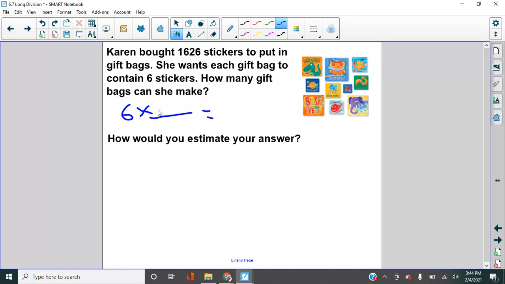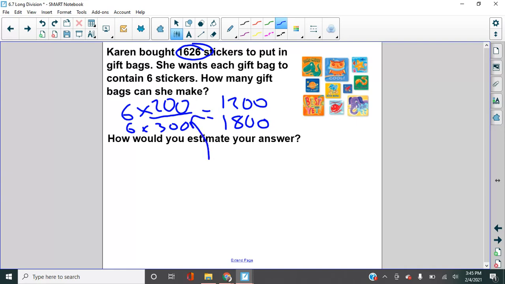So 6 times 100 would be 600. 6 times 200, well, what's 6 times 200? 12, that's 1,200. 6 times 300 is going to be 1,800.